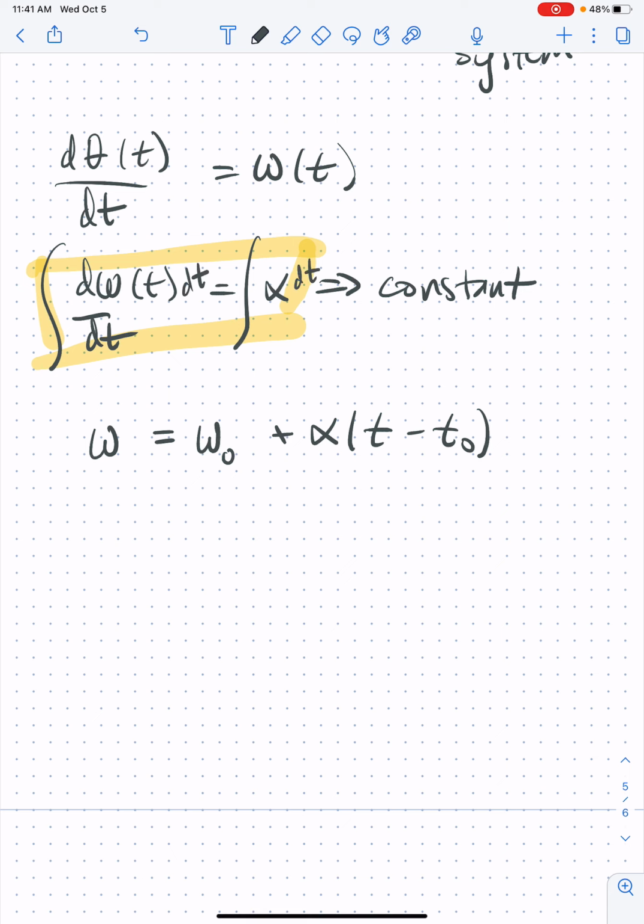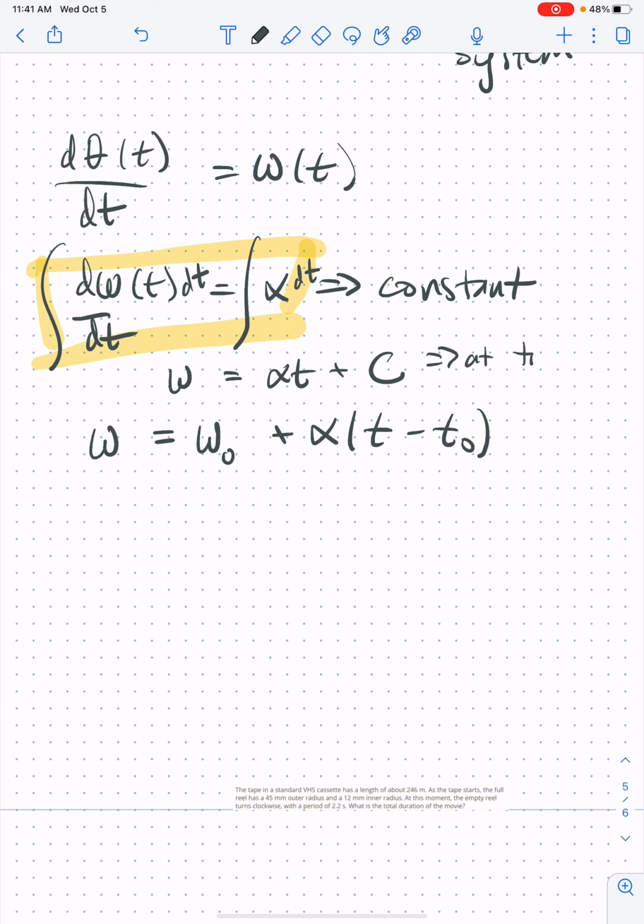Because our alpha is a constant, the integration of that is just alpha times t. And then we can think of this as omega is alpha t plus some constant, and we want to set our constant such that at time t naught, omega equals omega naught. So that's where this equation comes from.